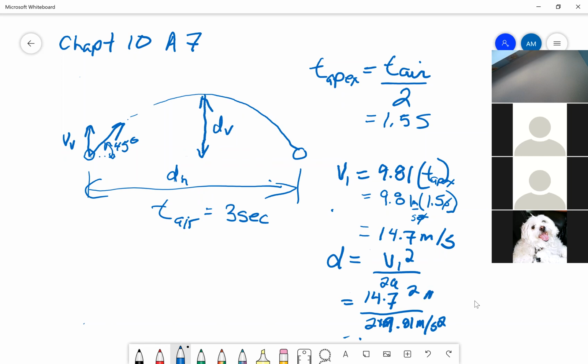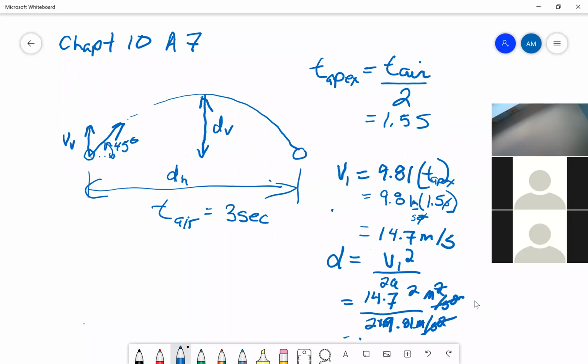And this is going to be meters squared per second squared. Those will cancel, and we'll be left with meters. So 14.7 squared divided by 2 divided by 9.81. I think it's 11 meters. Does everybody agree?